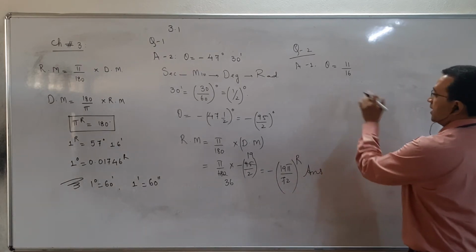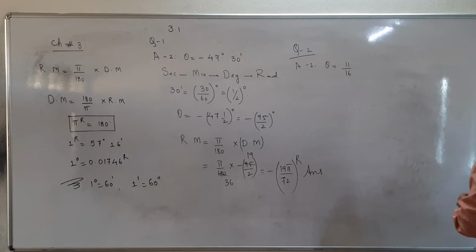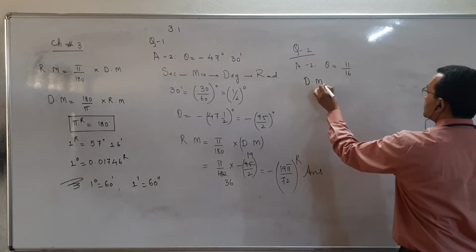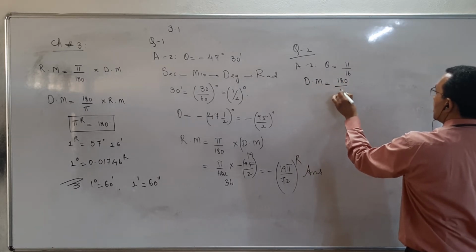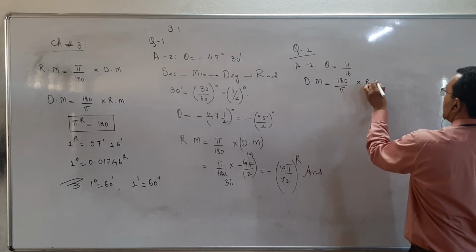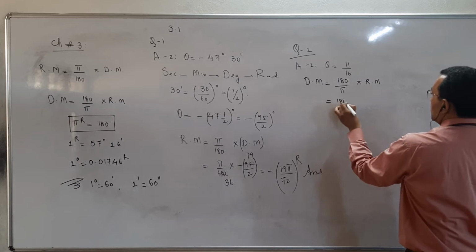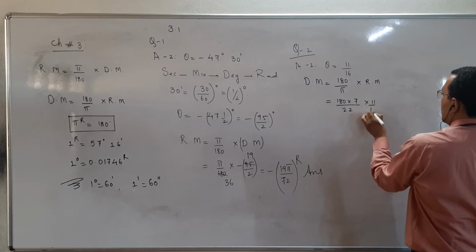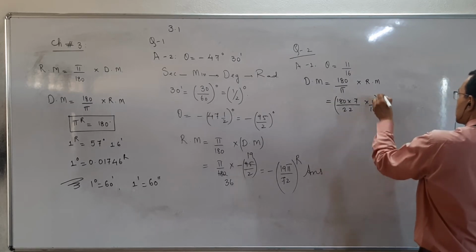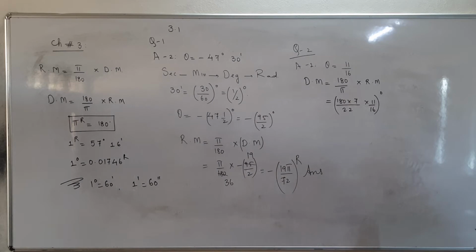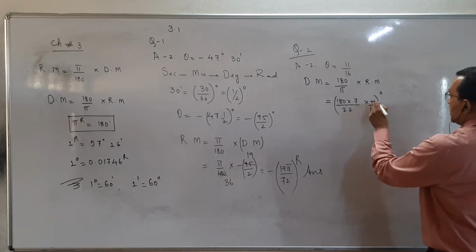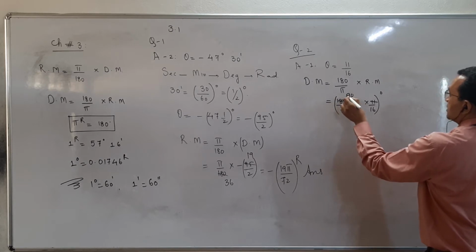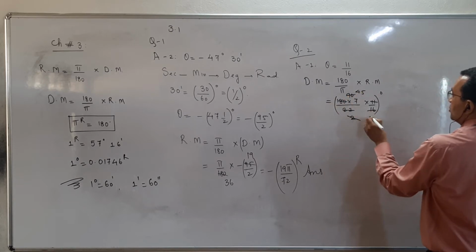So, apply the formula. Here degree measure is equal to 180 by pi into radian measure. So 180 into 7 by 22 into 11 by 16. Go at ease. 11 ones are 11, 11 twos are 22; 2 ones are 2, 90 twos are 180, so 45 and 8.